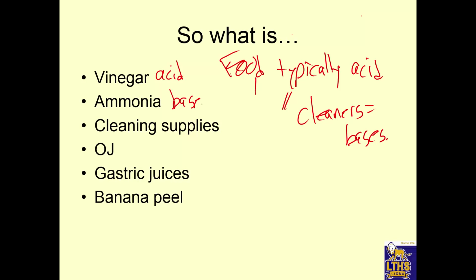Ammonia is a base, and ammonia is like Windex. Cleaning supplies, I think I just said that's a base. OJ is orange juice, and orange juice is a food, and it's an acid. Gastric juices are often called stomach acid.